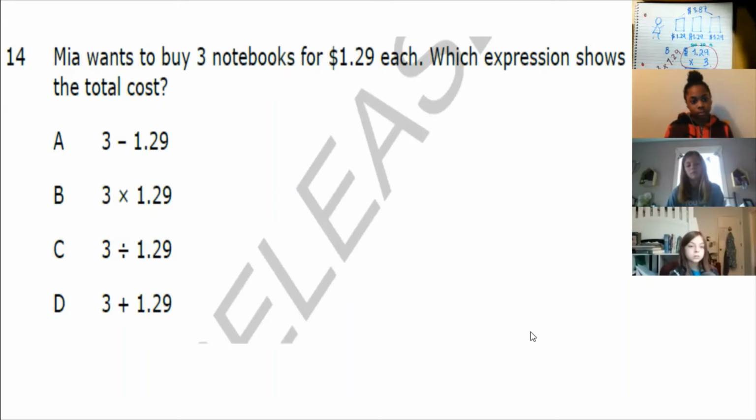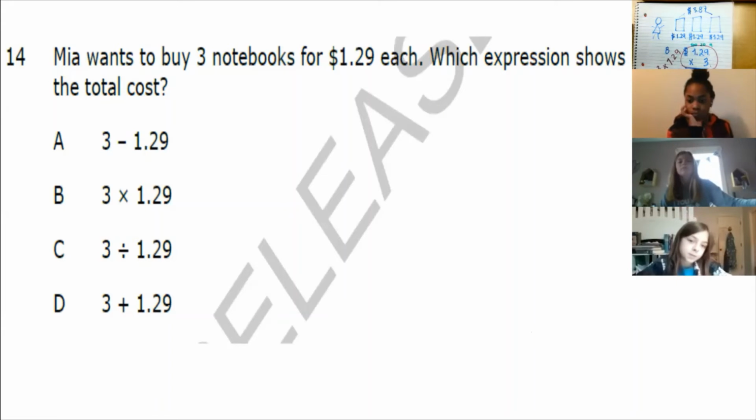And something very important about this question, and it's very specific to the test. If you look at my screen, the question is asking you which expression shows how to find the total cost. So they're not asking you for the answer. And be prepared because they might put a question like that. They don't want to know the solution. They want to know how you got there.